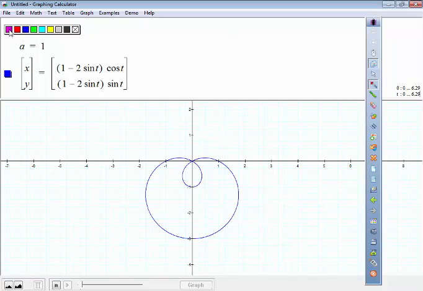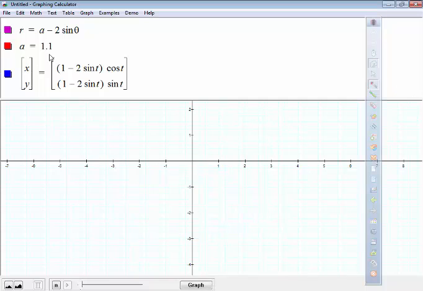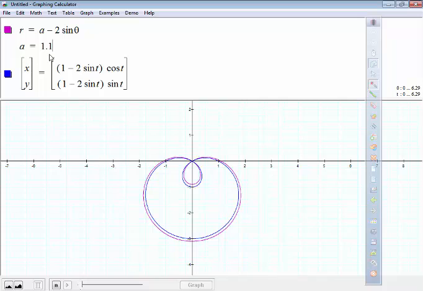And that's compared to, you can't see that graph anymore because this graph is drawing over it. Okay? So it's drawing the same thing.